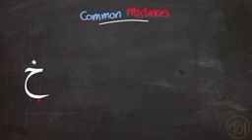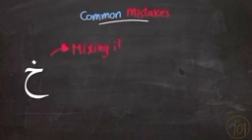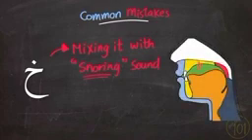Finally, there is just one mistake to be avoided with the kha, and that is mixing the sound of kha with kind of the sound of snoring. The snoring sound is produced at an area that is much closer to the opening of the mouth rather than the throat. And this mistake is caused by exaggerating the sound of kha way too much.